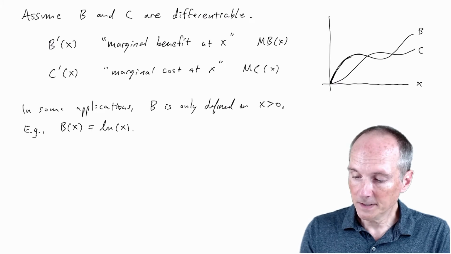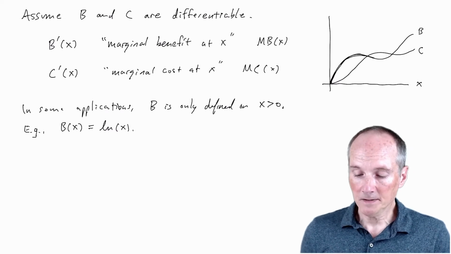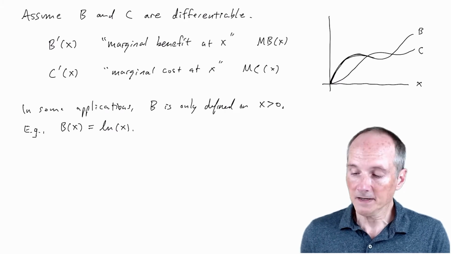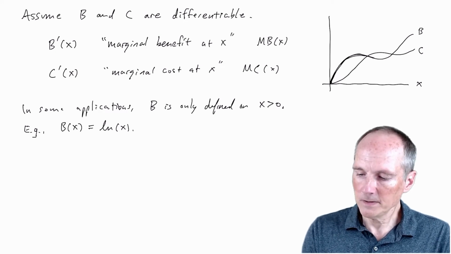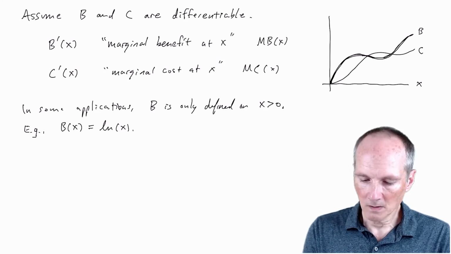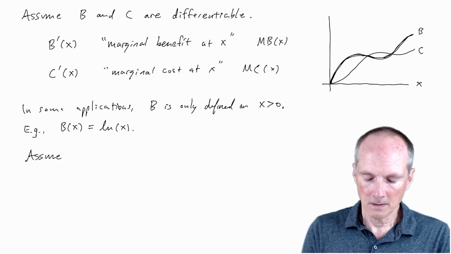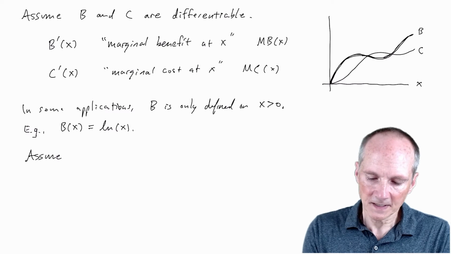Now that's not logically inconsistent, but in most of the applications where we want to apply this, this scale or effort is a good thing, and the more of that you have, the higher the benefit. So really, we want this benefit function to be increasing, and we'll state that in calculus terms, and we'll state a strong form of it.